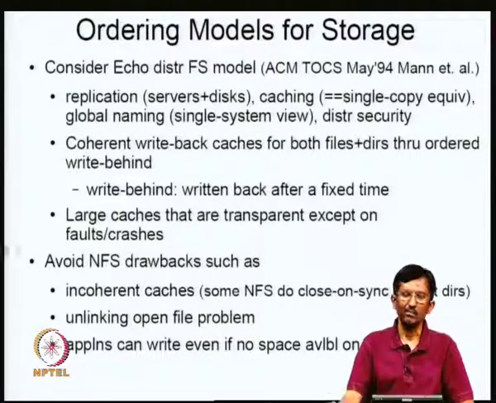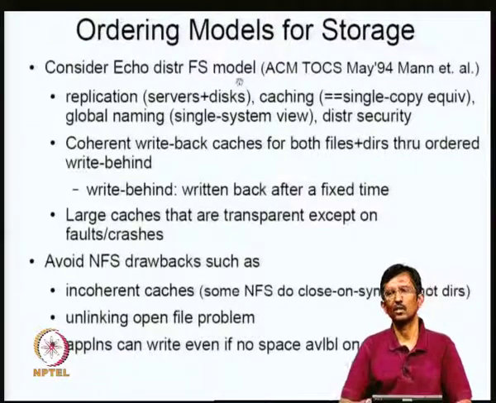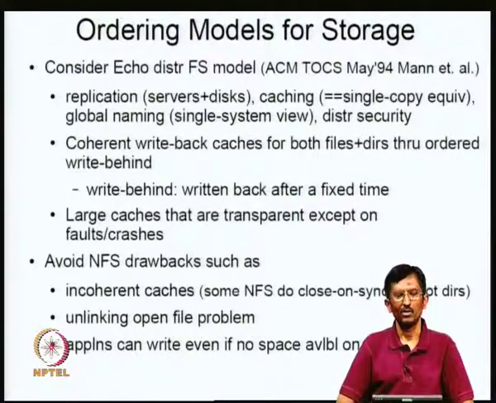We previously looked at the NFS model, and because of the way it does caching, it was not going to be completely consistent. So, now let us take an example of a different type of file system, the Coda distributed file system, that tries to give you good semantics, as close as possible to Unix semantics, POSIX semantics.